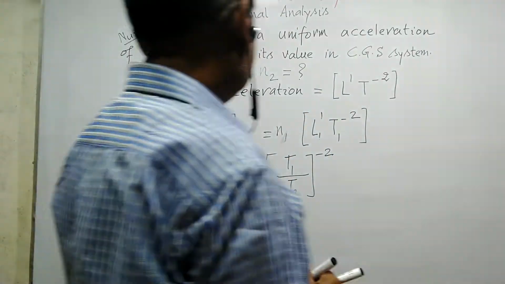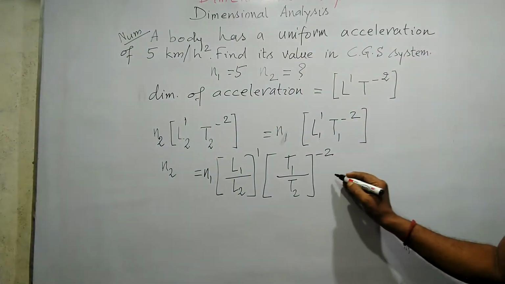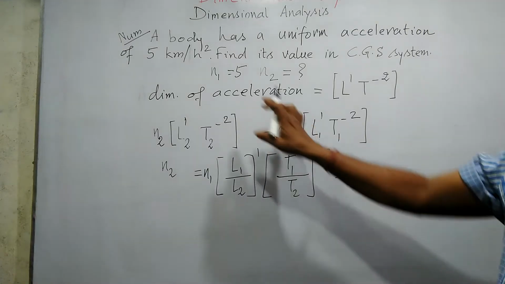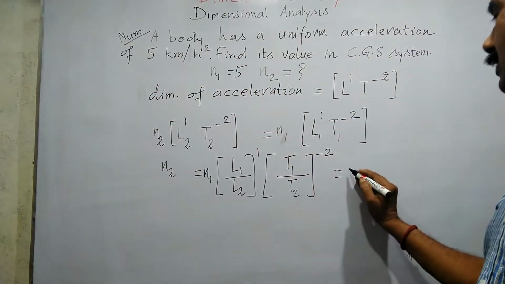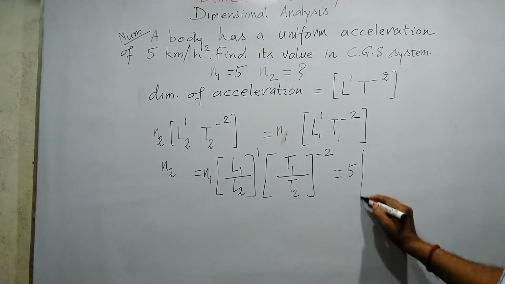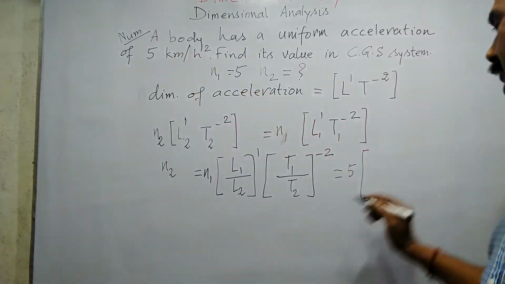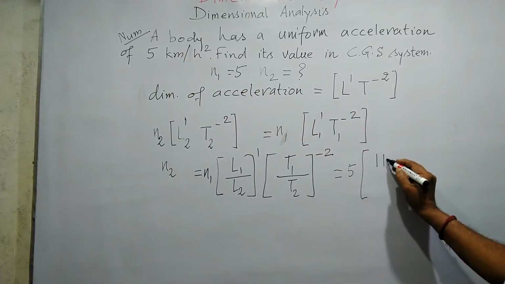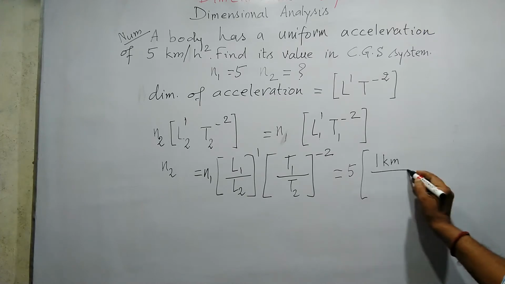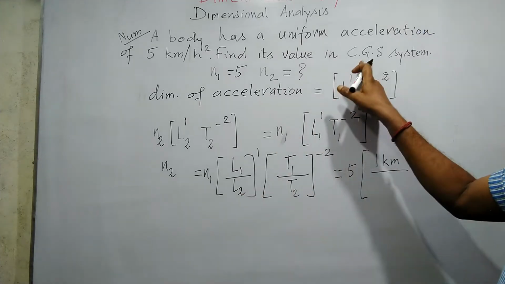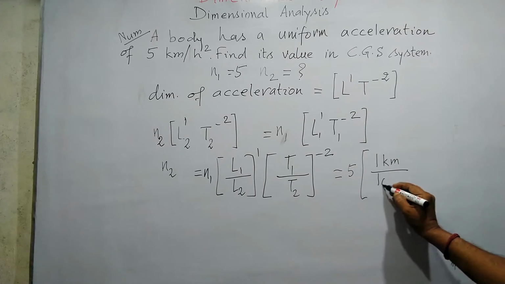Now let us put in the values. What is the value of N1? That is 5, write down 5. Here L1 is in kilometer, so write 1 kilometer. And L2 is in CGS, that is 1 centimeter.